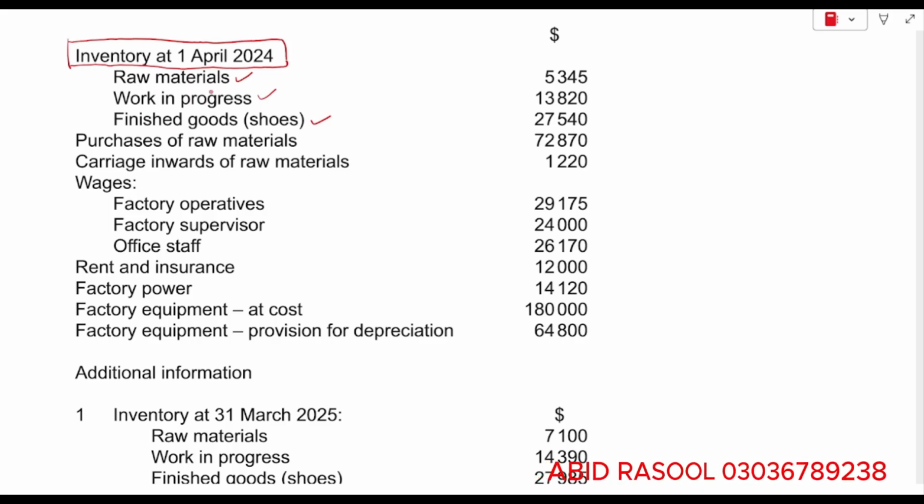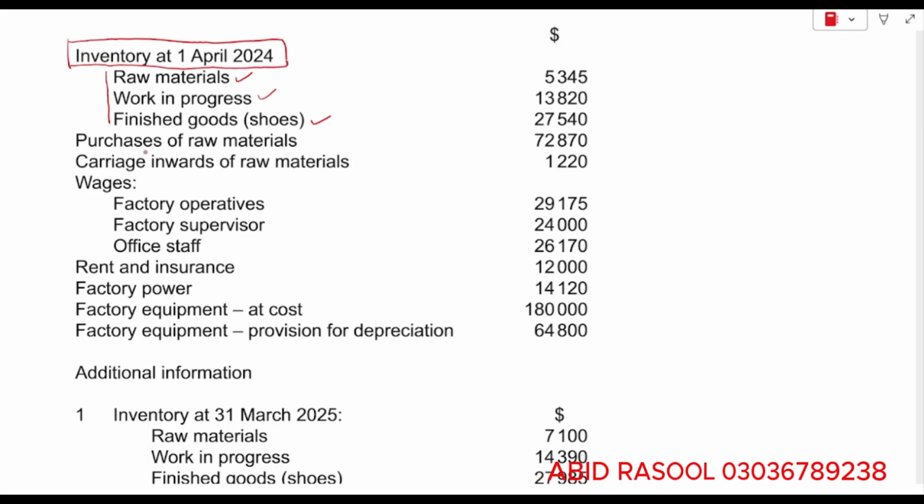Raw materials, you know, raw materials. Work in progress means all the material that is inside the plant, that is neither raw material nor finished goods. And then finished goods, shoes only. 27,540. So this block is about the opening balances of inventories.